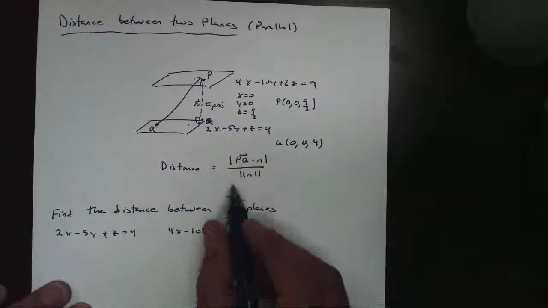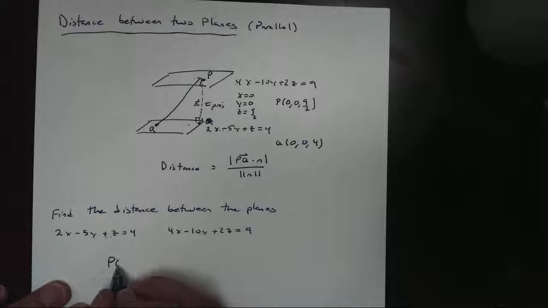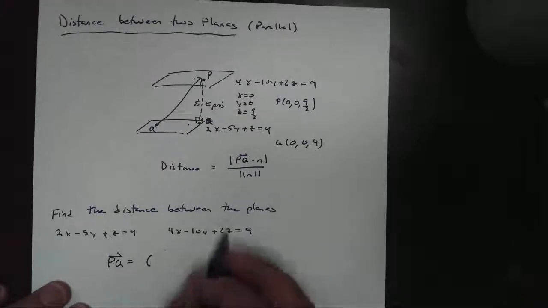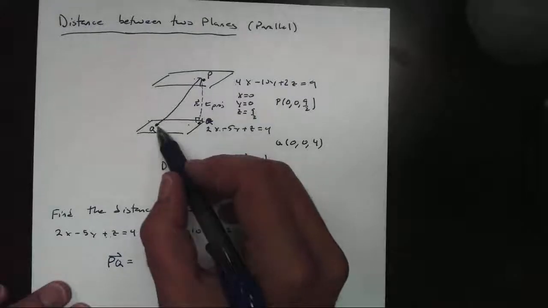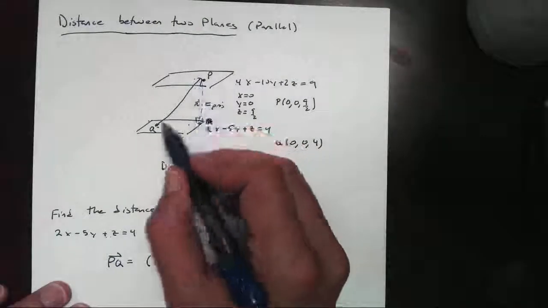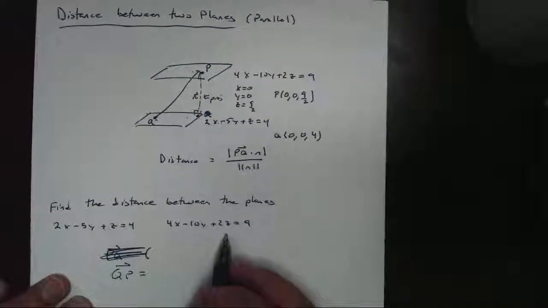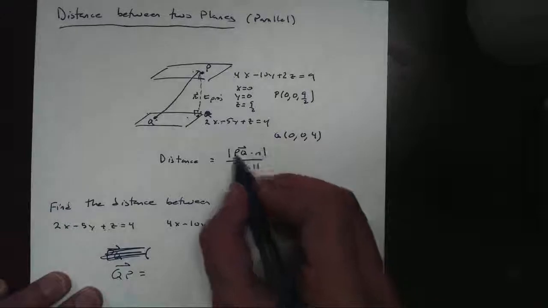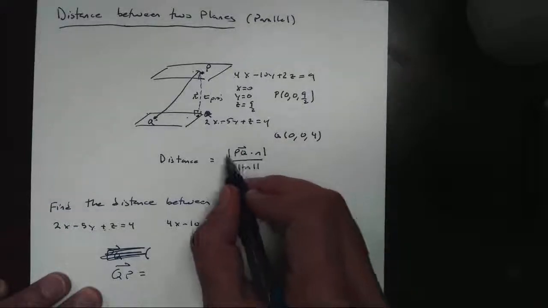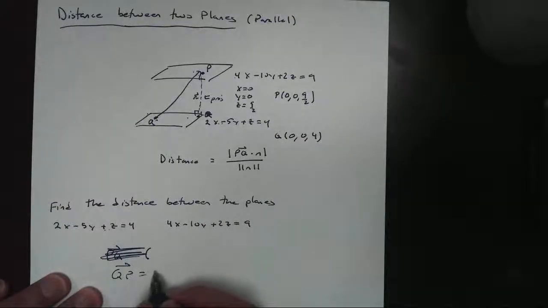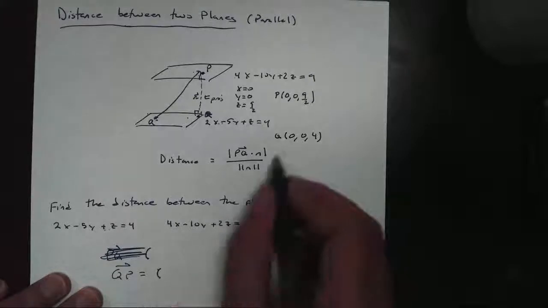Now, I'm going the opposite direction, so let's call it QP instead, just to make sure we get our directions straightened out. The direction doesn't matter because we are going to take the magnitude of it anyway. It's the absolute value.